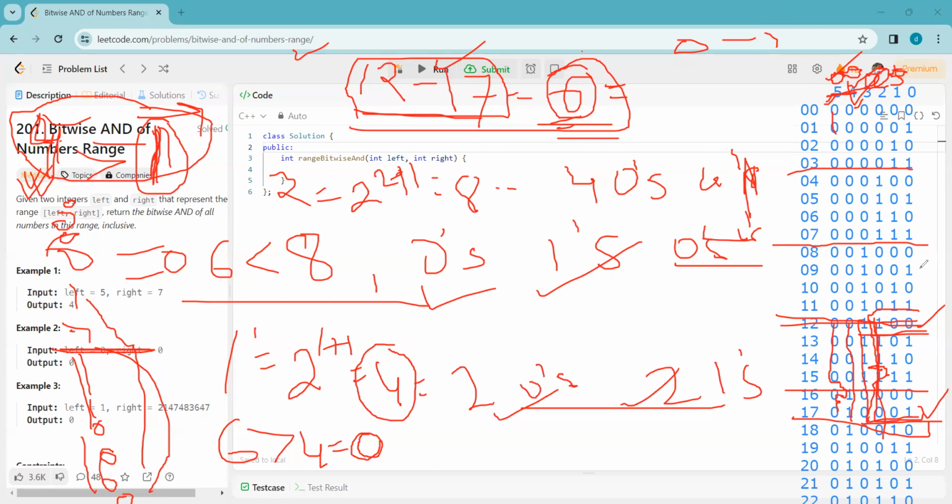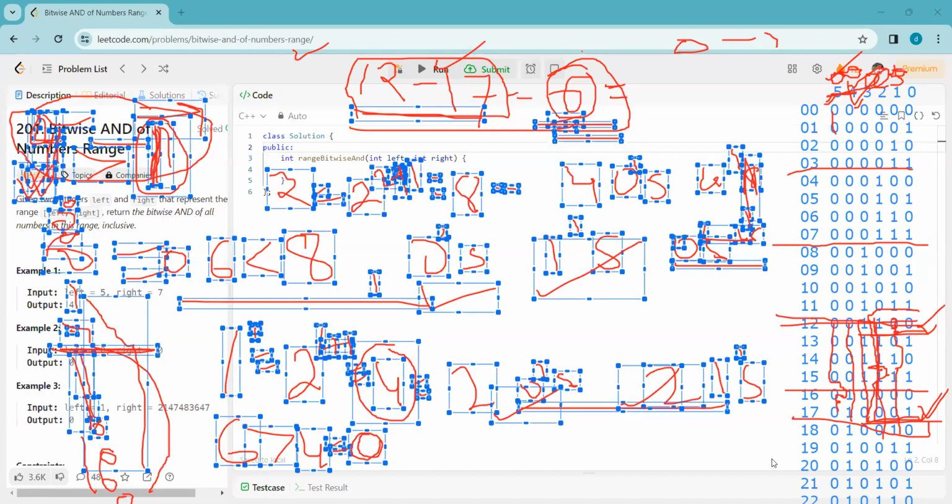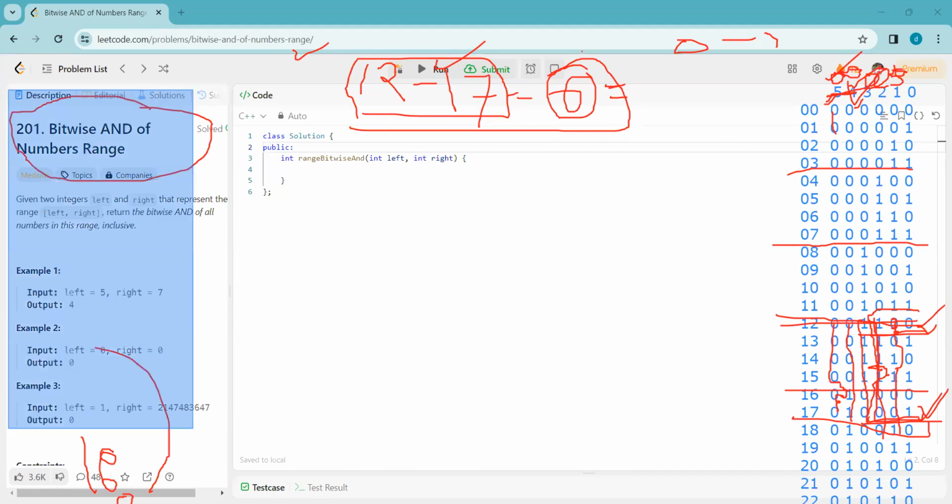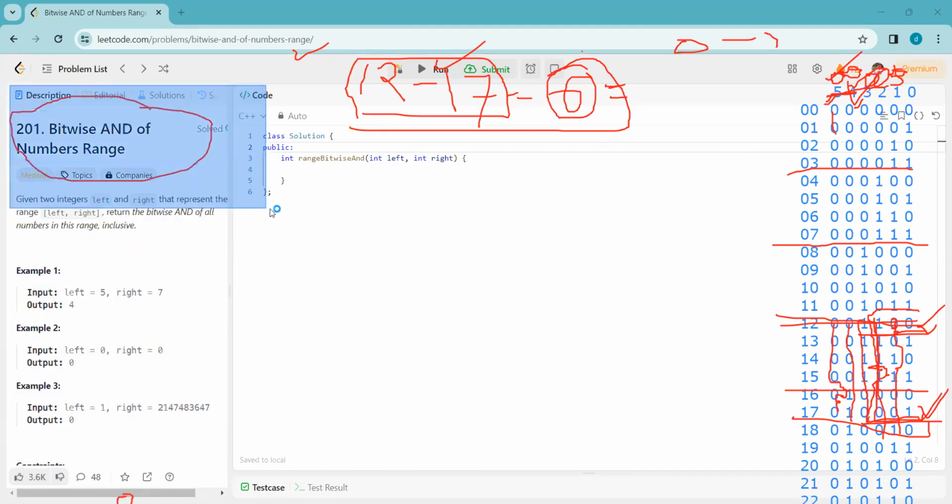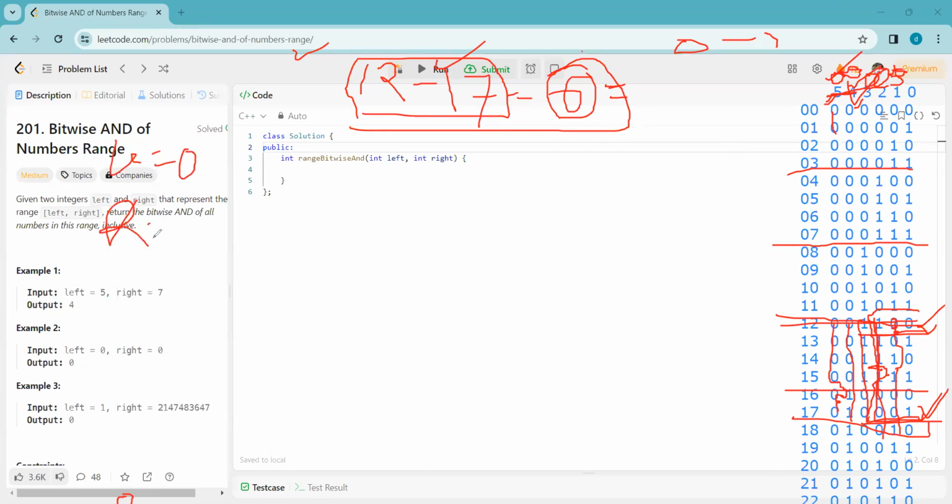Since we are done with the first bit operation, we will remove the first bit from the numbers, and the number becomes 0 and 1. That is, our left is 0 and right is 1.